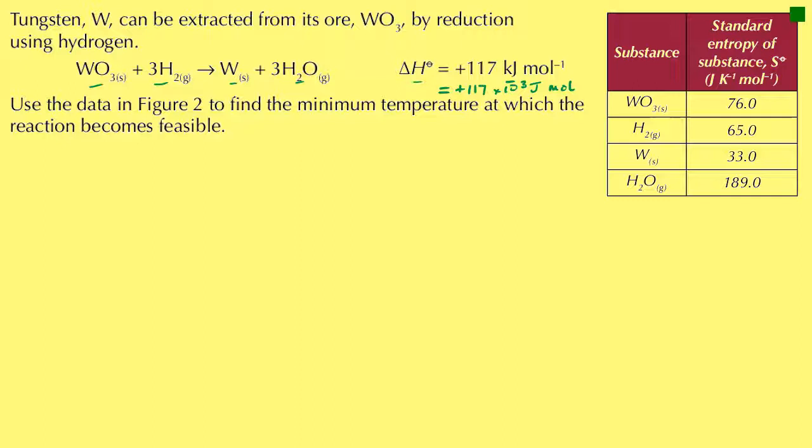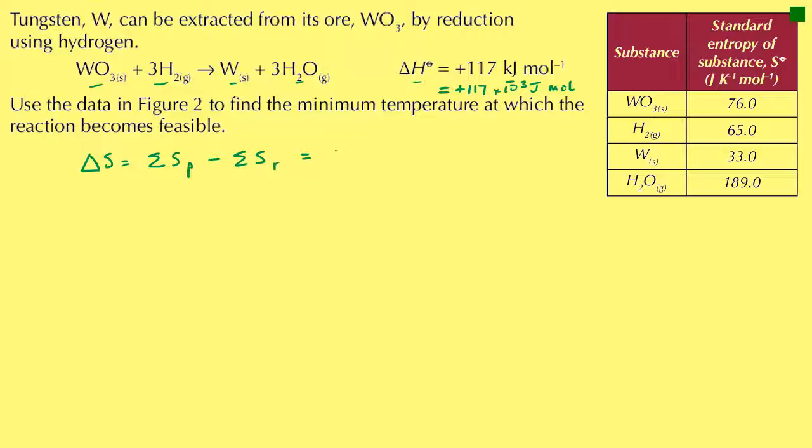Then, if we're going to use our formula delta G equals delta H minus T delta S, we need to find delta S because we haven't got that yet. If you remember, our delta S is the sum of the entropies of the products minus the sum of the entropies of the reactants. In this case, our products are tungsten and water.